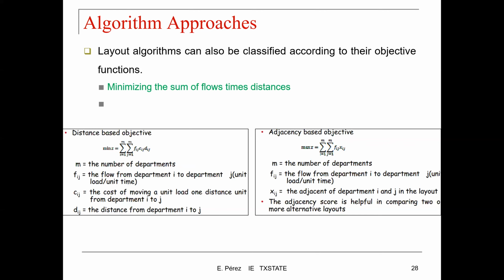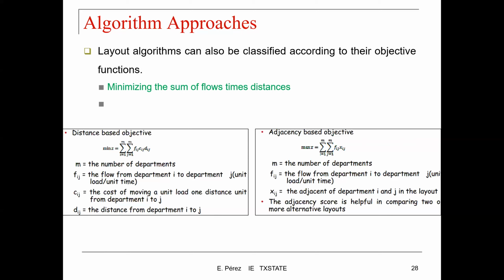So flow times distances means that you want to minimize the summation of how far you have to travel to perform all the movement in your department, let's say for a day.